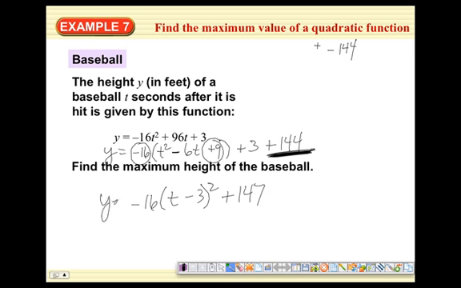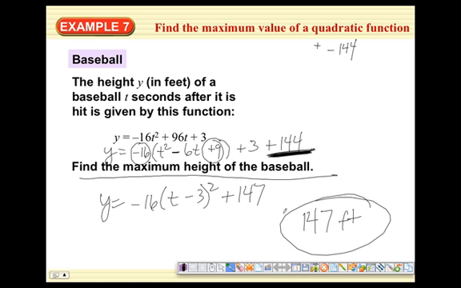But actually, that's not the final answer. What is the maximum height of the baseball? 147 feet. How many people got that answer? Please don't lie to me. Okay. Good job. All right.